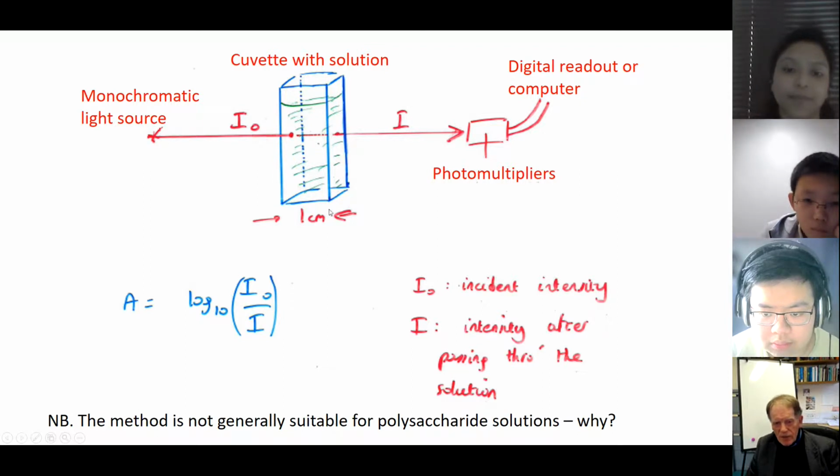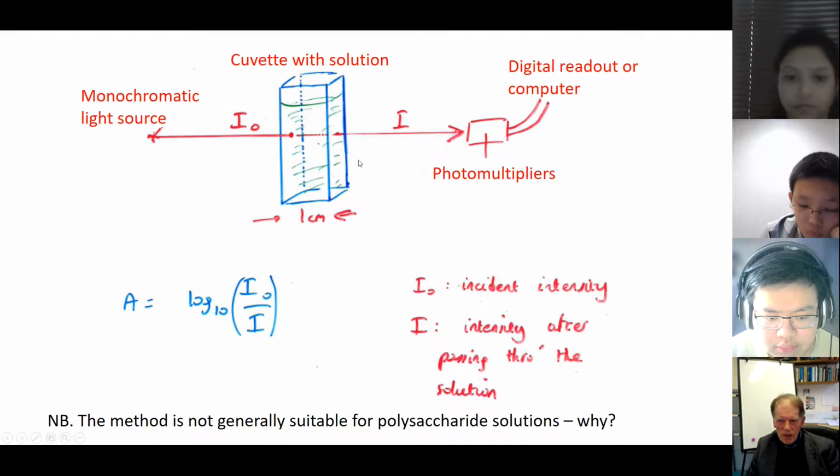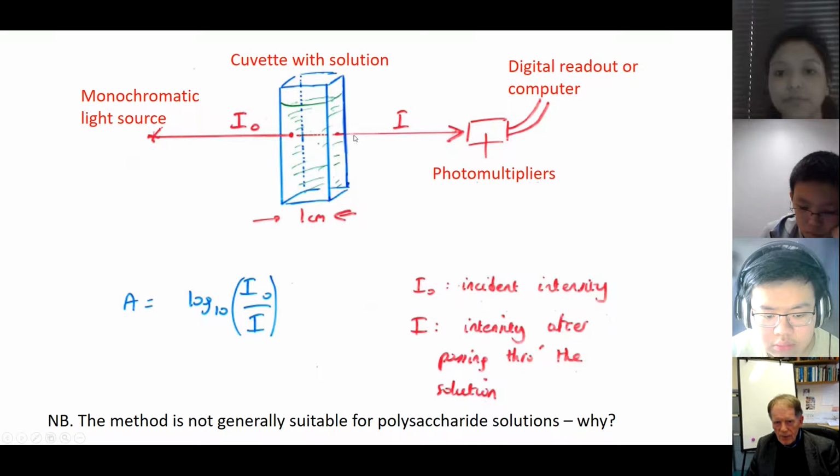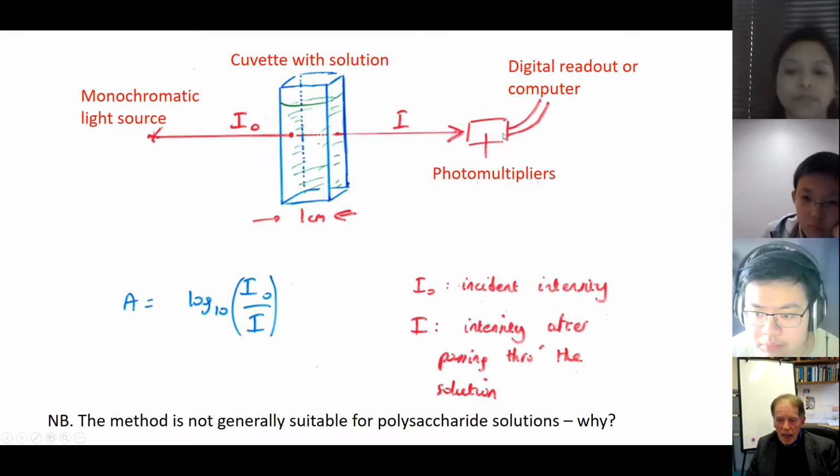The path lengths of these cuvettes can vary, but a typical one is about 1 centimeter in length. You can use much shorter ones if you have a very concentrated solution. And the intensity of the light after passing through here is collected by a detector in the spectrophotometer using a photomultiplier, and then sent off to a digital readout or computer.